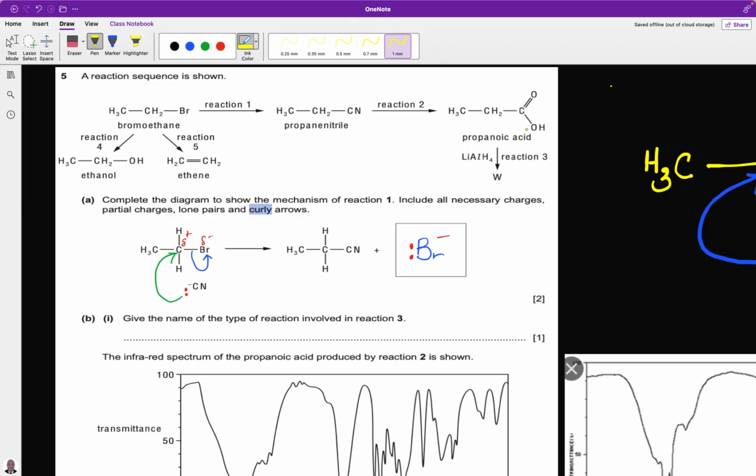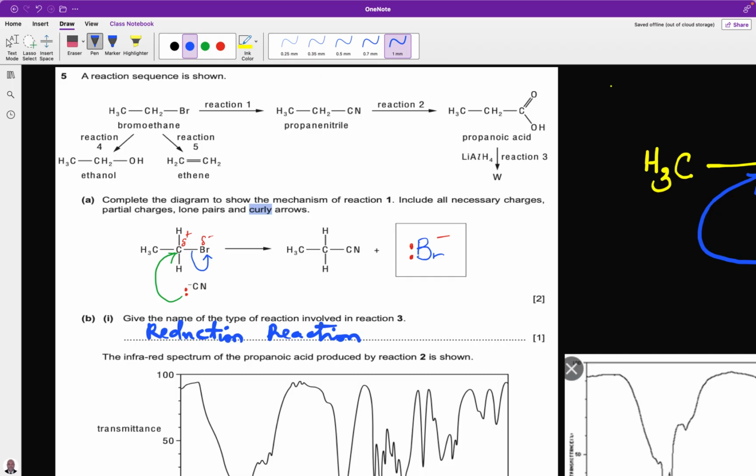The primary alcohol for propanoic acid is propan-1-ol. So reaction 3 is reduction. We will call it a reduction reaction because we are reducing the acid to its corresponding primary alcohol, which is propan-1-ol.